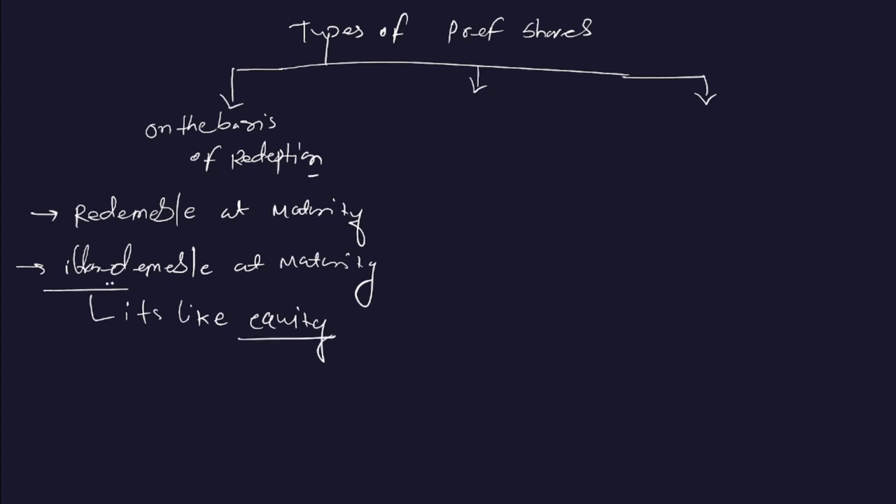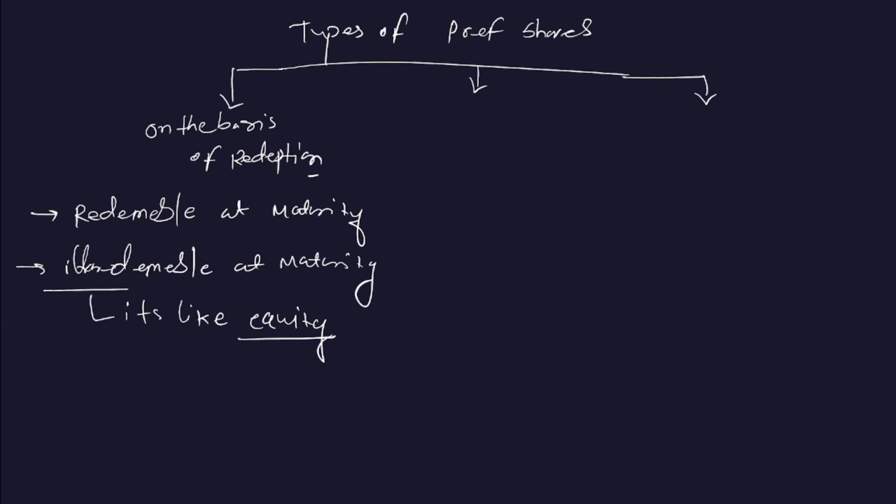It will not be redeemed in the life of that particular business. It means it will be redeemed at the business maturity, I would say, not the preference equity maturity. That's what we call it, irredeemable at maturity. It will be redeemed at the time of shutting down the business only.